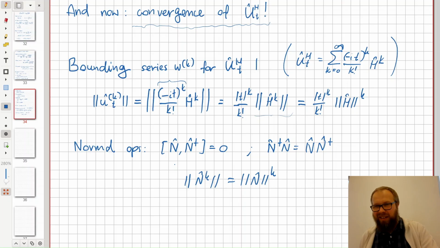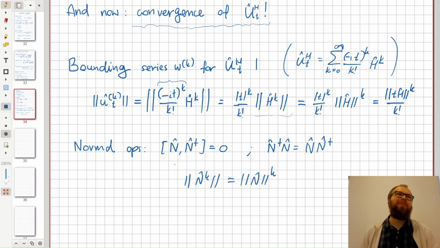Okay, so one more thing. What I like to do here is actually revert the pulling out of the scalar, because I want to have a unitless parameter here, t times H, the norm of it.